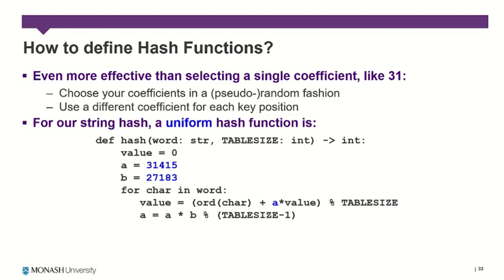It's important that we mod it by the table size. We still want it to be within our range of values, and we subtract 1 there because we don't want to end up with 0 or some weird value of A. We want to make sure that it does indeed change, so it's non-zero and also within our range.